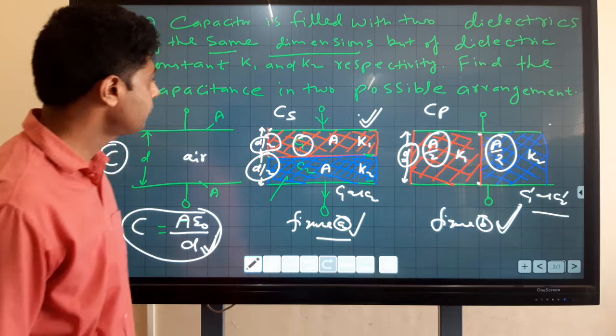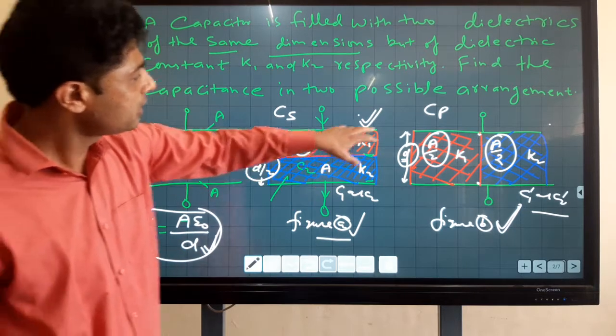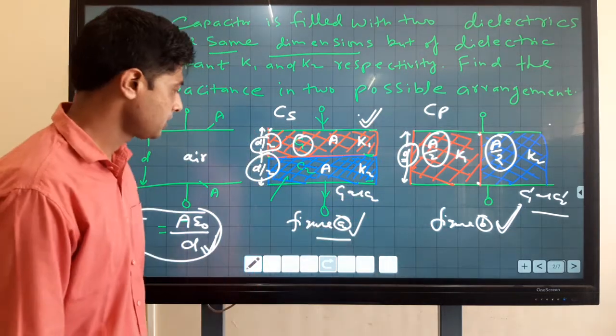So we have to find the value of CS and the value of CP.